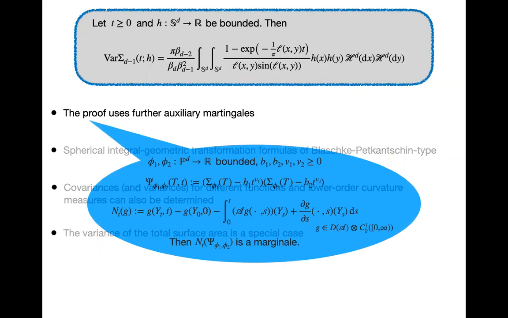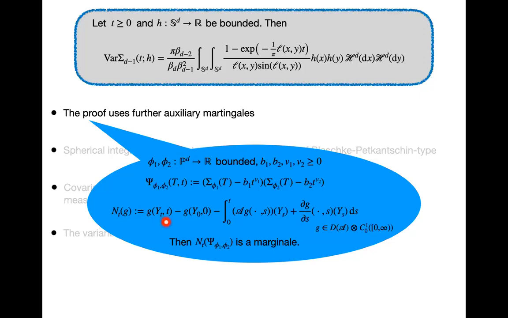But just to give you a hint how this is done, we use the martingale property of the following stochastic process. So you have the splitting tessellation process, and you look at the time augmentation of the splitting tessellation process. So you look at the process (Y_t, t).